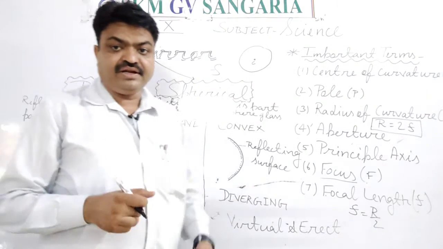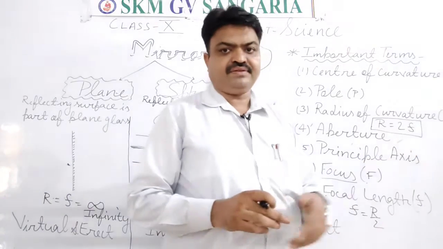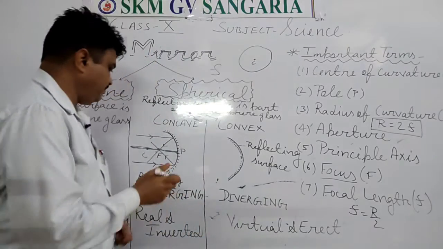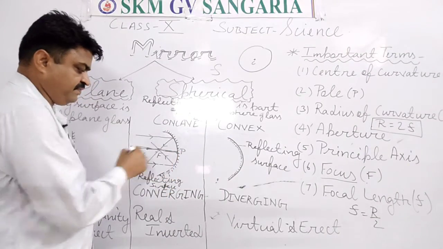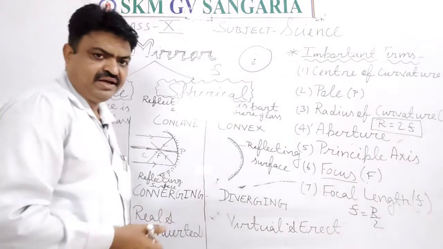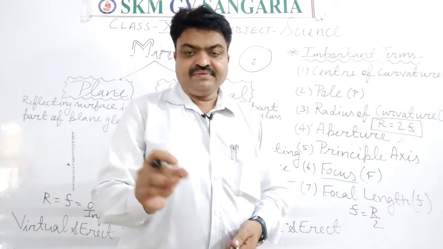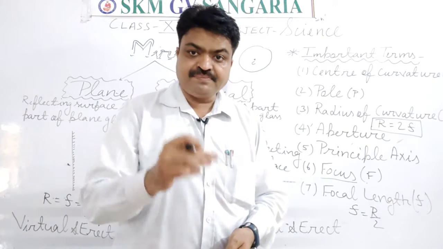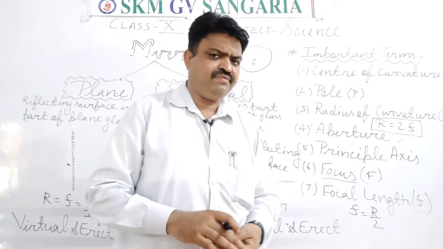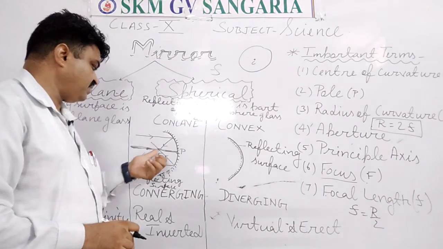Now we come to the focal length. The distance between P and F, the pole and the principal focus, is known as the focal length, and it is always half of the radius of curvature.